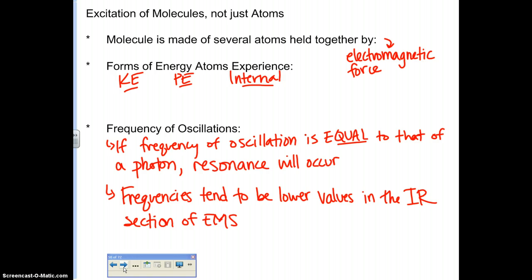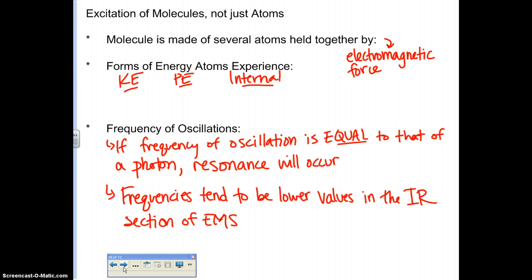Excitation of molecules, not just atoms. A molecule is made up of several atoms that are held together by electromagnetic force. The atoms will experience different forms of energy: they'll have internal energy, but they can also have some mechanical energy. Your different forms of mechanical energy would be kinetic energy and potential energy.